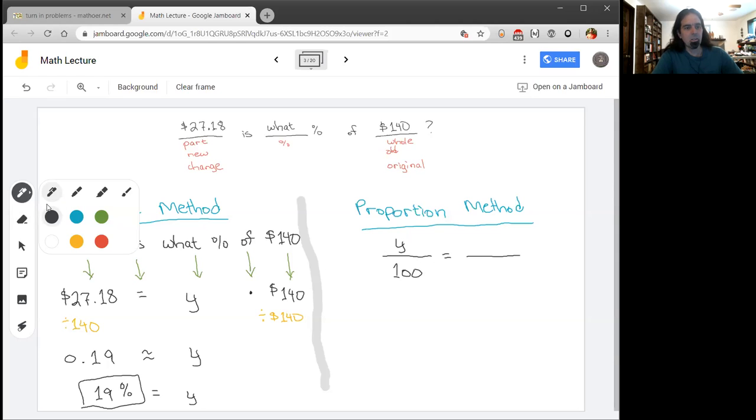On the other side, there's going to be something that comes after the word of. And that goes on the bottom on the other side. And then the last number we haven't dealt with goes in the last space.